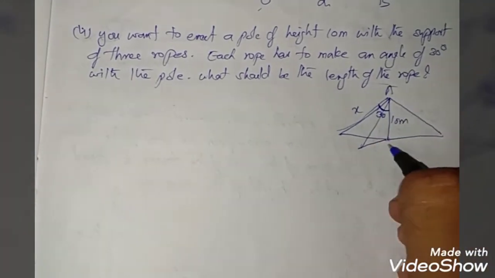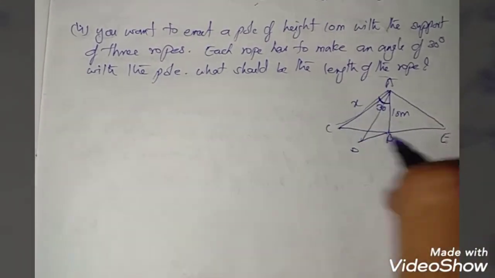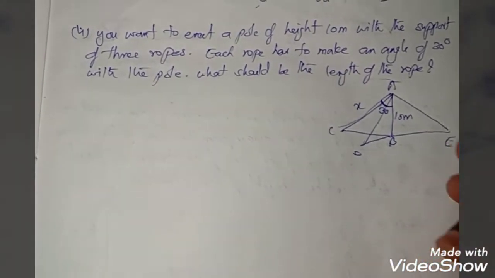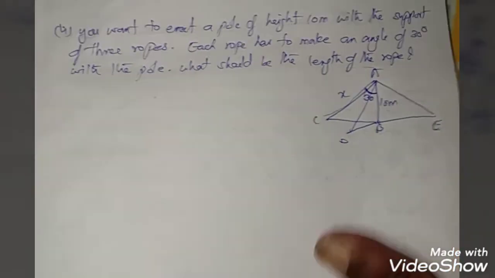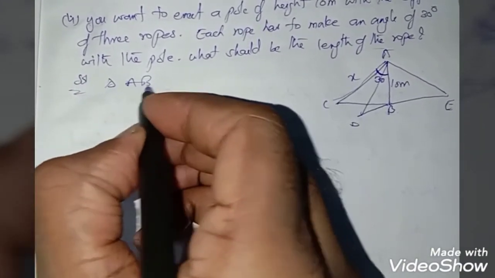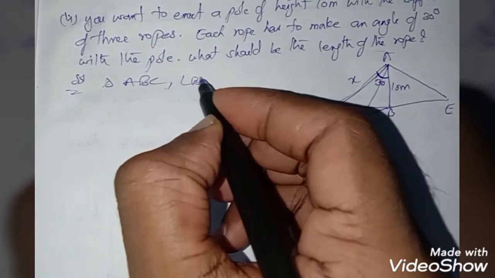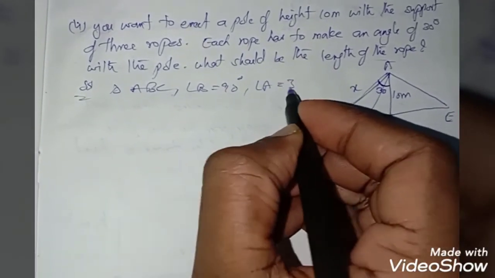If I name this as A, B, C, D and E, so there are 3 triangles and 3 ropes, right? So each rope makes an angle of 30 degree with the pole. So let us take one of the triangle, that is triangle ABC. If I take triangle ABC, angle B is equal to 90 degree and angle A is equal to 30 degree.